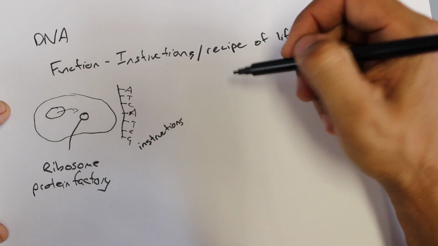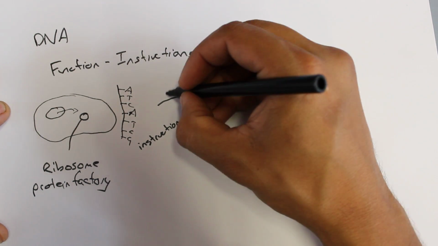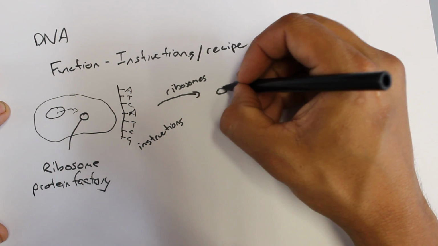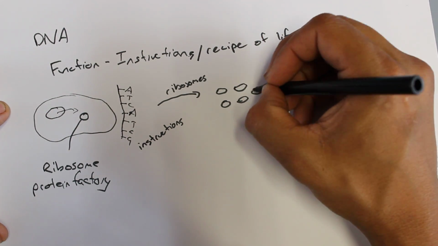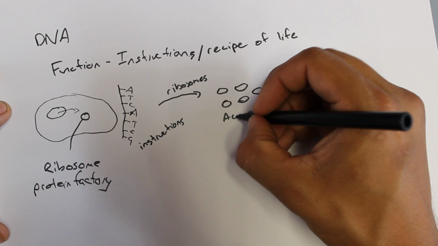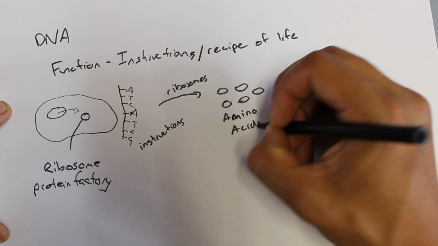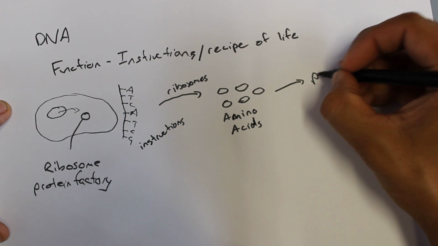It comes outside of the cell into the ribosomes, and in the ribosomes, they collect the different amino acids, which I'm just signalling as jelly beans almost. These are amino acids. And the ribosome collects these amino acids and puts them in order to make proteins.